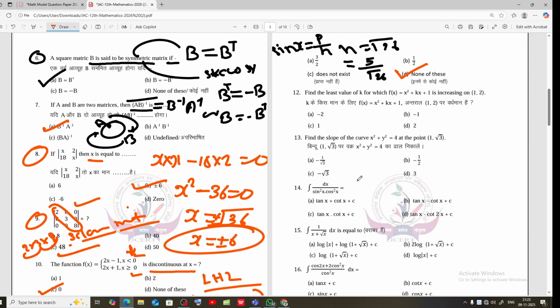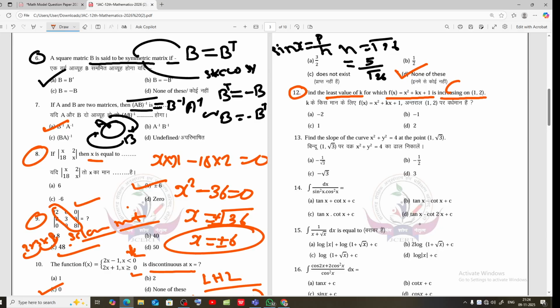Question number 12. Find the least value of k for which function f(x) equal to x square plus kx plus 1 is increasing on the interval 1 and 2.